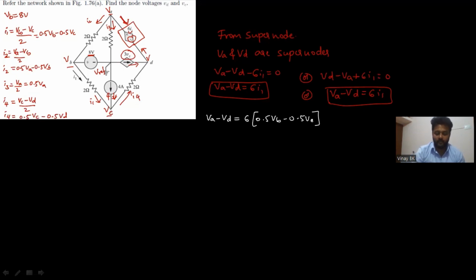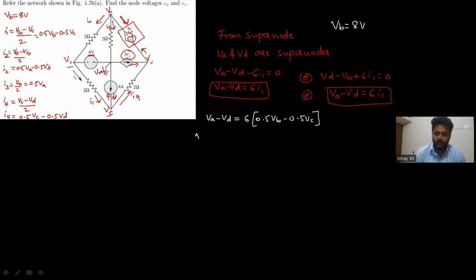So 6 into 0.5 is nothing but 3, so you can write 3 VB minus 3 VC. You already know the value of VB, where VB equals 8 volts, as given.